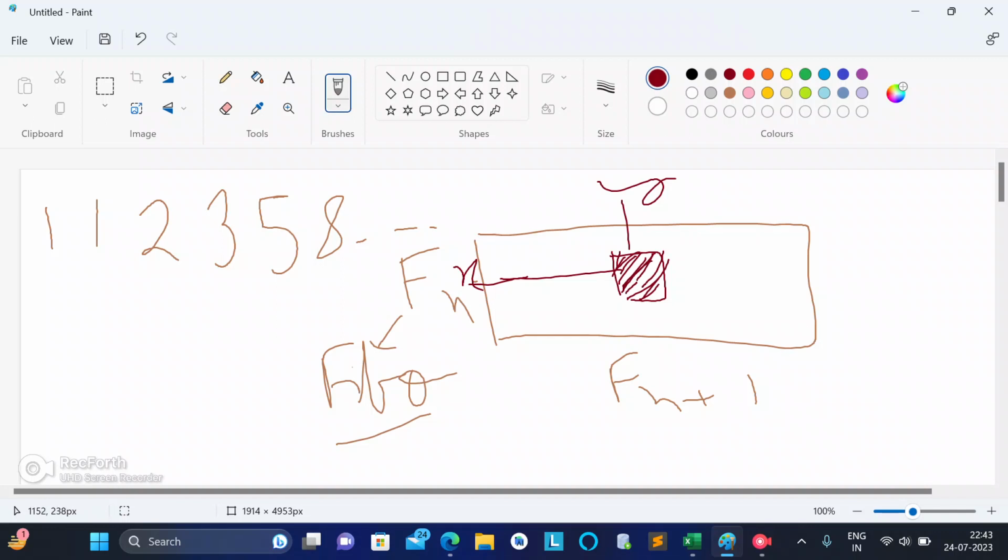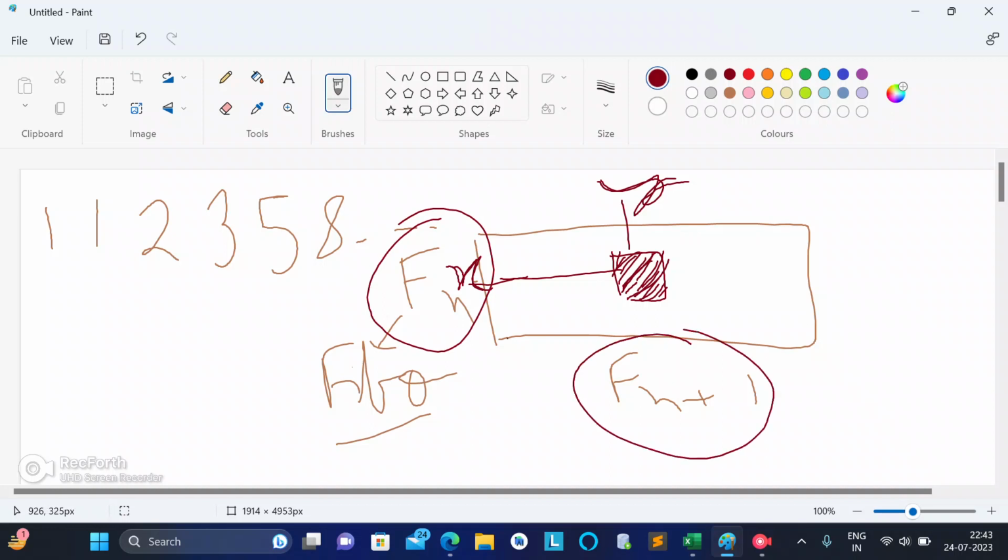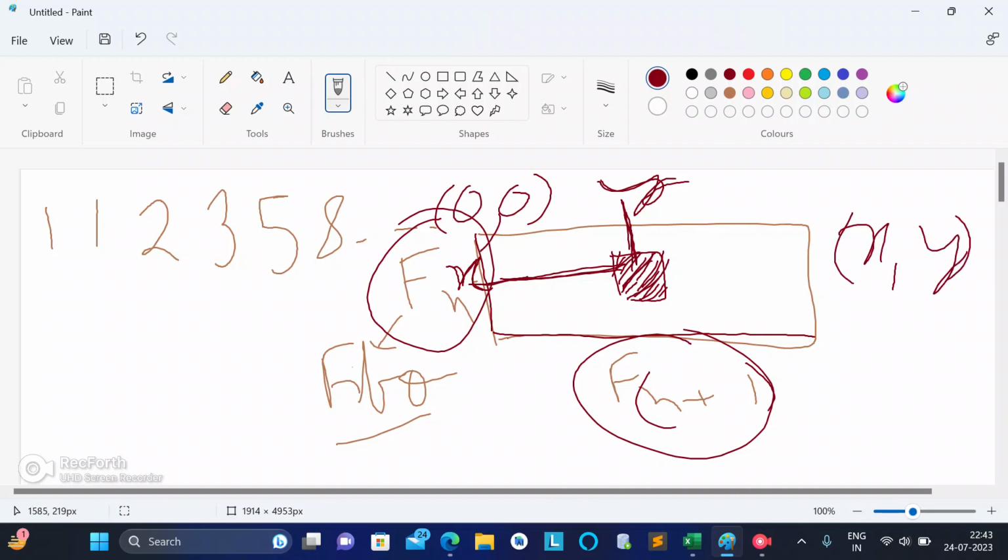Its length is f(n) and its width is f(n+1). So there are f(n) blocks here and f(n+1) blocks here. Let's say it starts from 0,0, and the x,y coordinate is marked, which means this cell is painted.